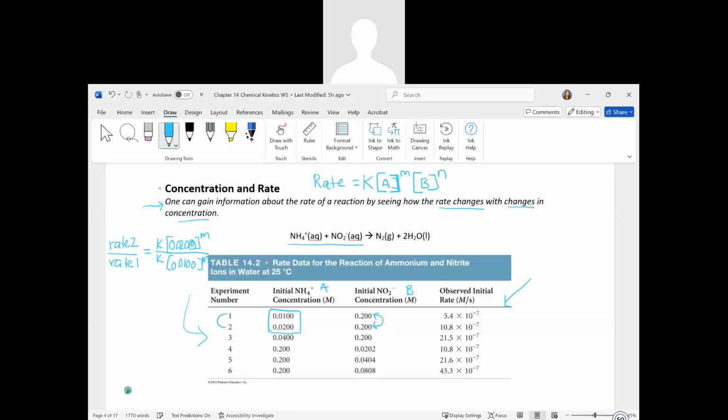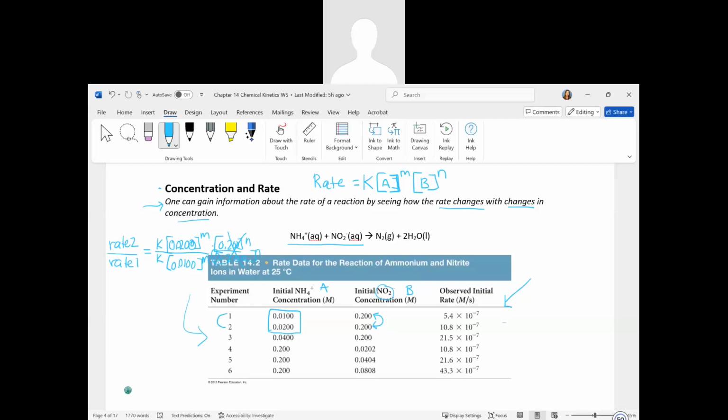And then if we were to fill in the concentration of NO2, it would just cancel out here. So we'd have 0.200 divided by the same 0.200 raised to the exponent n. So that will just cancel out as 1 because they're the same value. And then we would set these equal to our rate. So I'm going to rewrite it over here.